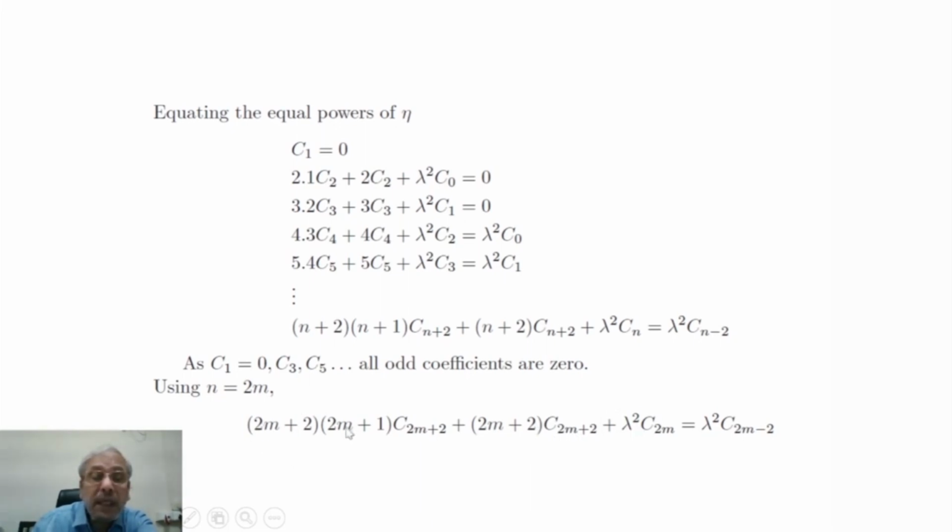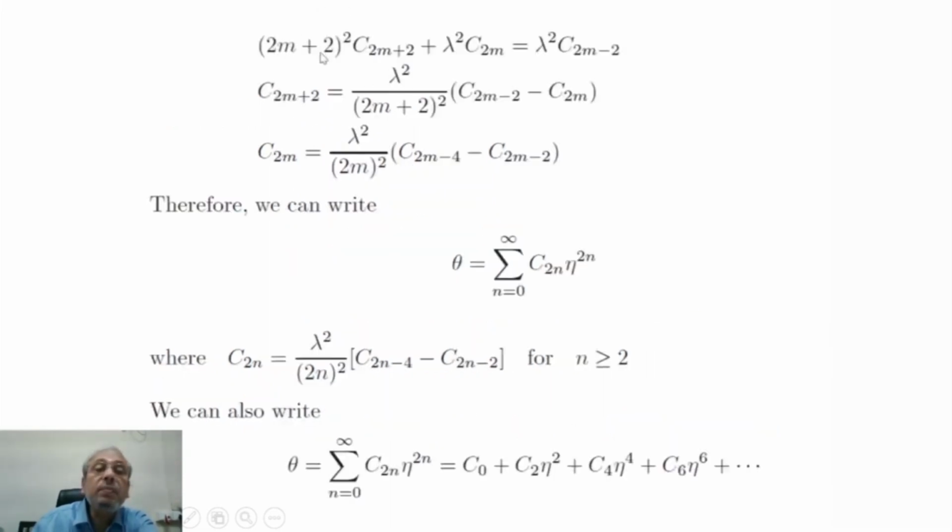So basically we get twice m plus 2 square into C twice m plus 2 plus lambda square C twice m equal to lambda square C twice m minus 2. So exactly from here, as I said, we are getting twice m plus 2 square into C twice m plus 2 if we rearrange these terms.